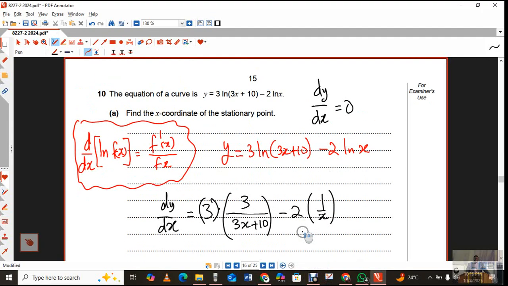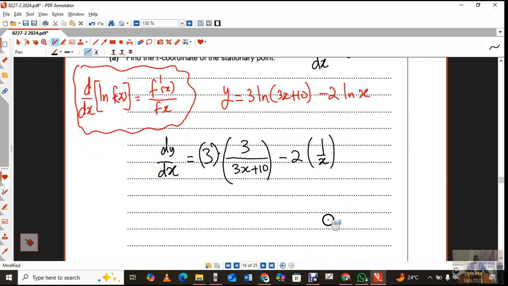So let's clean it up a bit, okay. I have 9, the numerator here, over 3x plus 10 minus 2 over x. Alright, that's what that gives me.